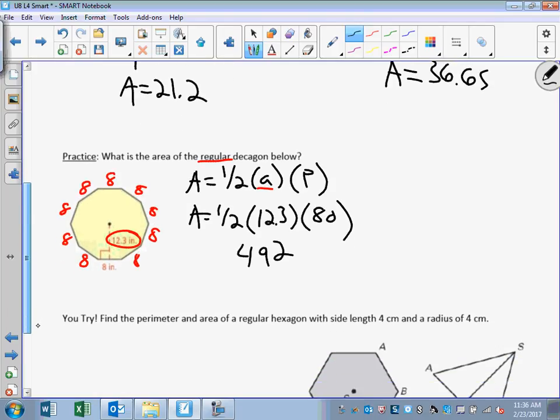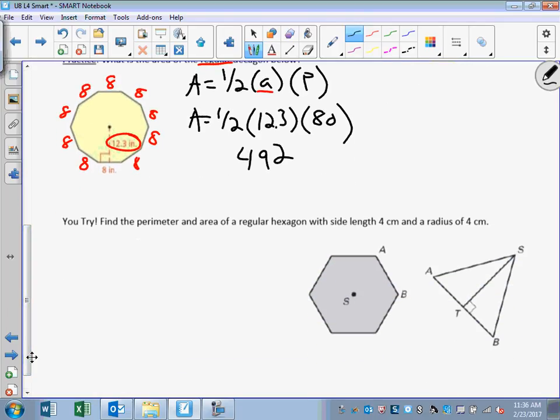That's all I got. I want you to try this bottom one on your own. I'm going to give you the answer so you can make sure you got it. Got a regular hexagon. One side is 4.